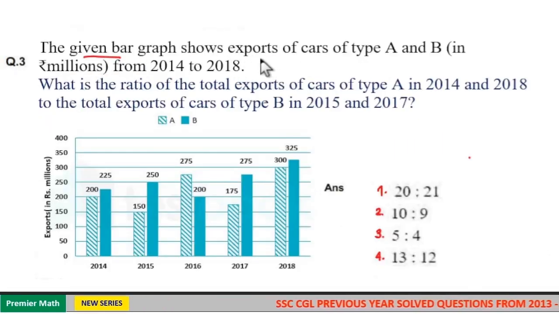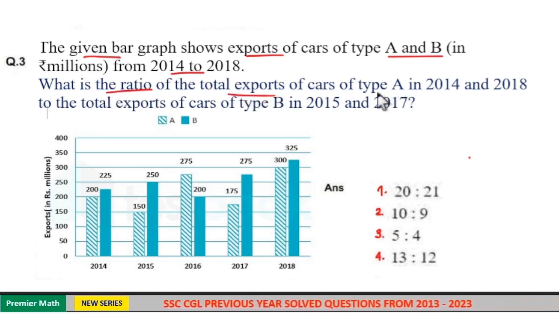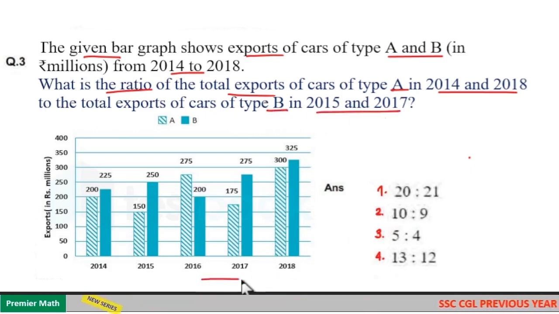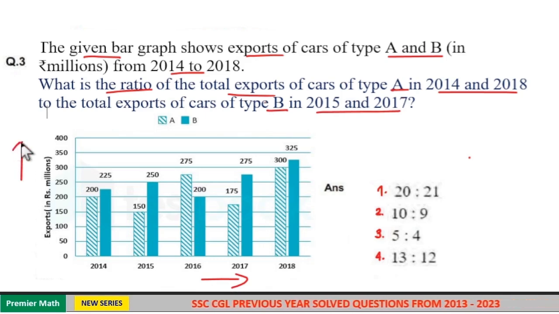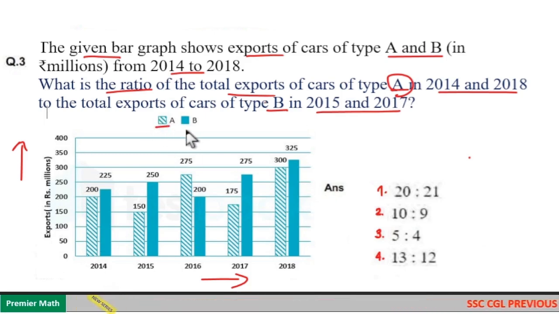The given bar graph shows exports of cars of type A and B from 2014 to 18. What is the ratio of total exports of cars of type A in 2014 and 18 to the total exports of cars of type B in 2015 and 17? Here the x-axis shows number of years and the y-axis shows exports in millions. A is pattern and B is solid color.